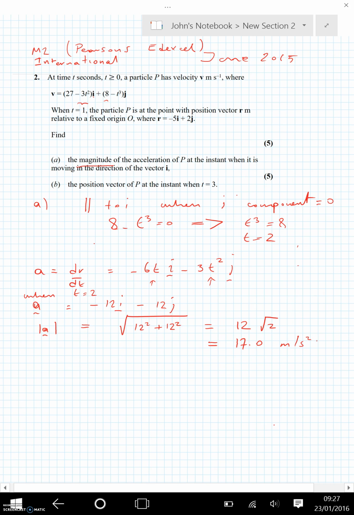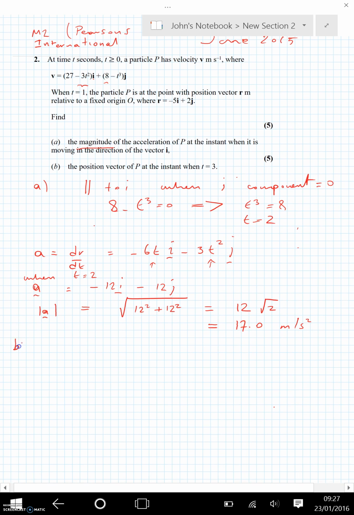Okay, so that's part A done. Part B is talking about a position vector, so that's obviously talking about integrating. So our position vector is going to be the integral of v dt, so that equals, let's just do each component, 27t minus t cubed i plus 8t minus a quarter t to the 4 j.